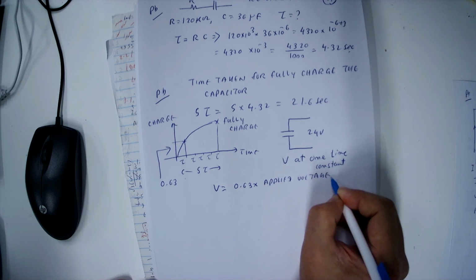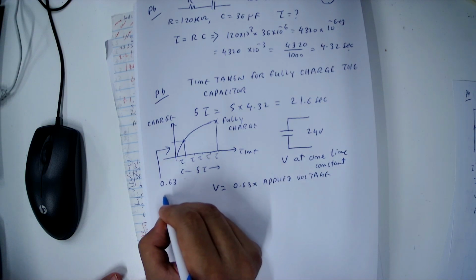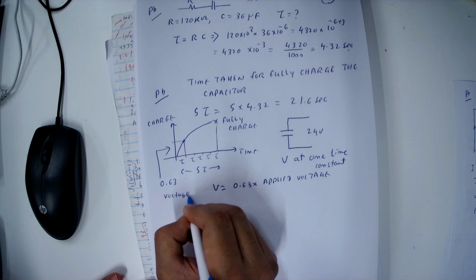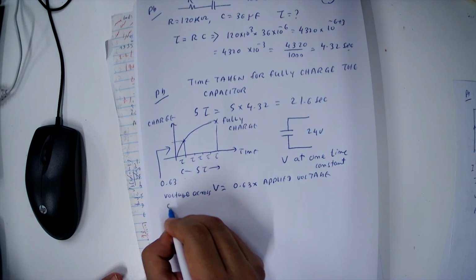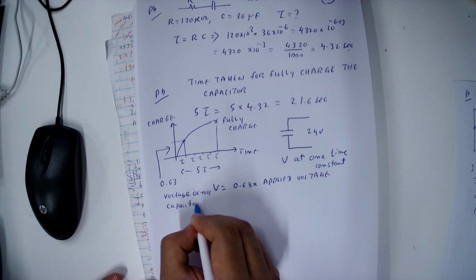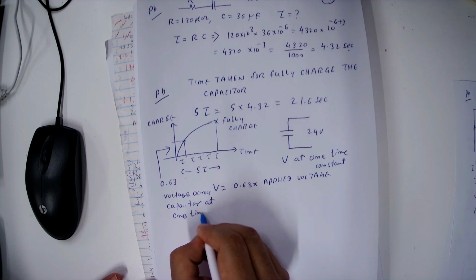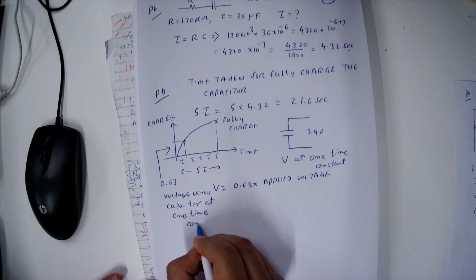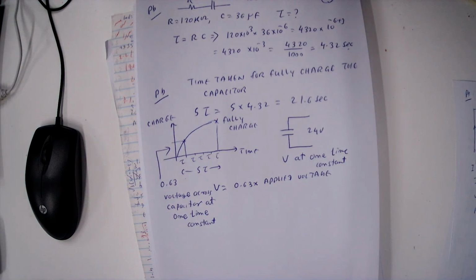So this is the equation: voltage across the capacitor at 1 time constant. The voltage across the capacitor at one time constant is 0.63 multiplied by the applied voltage.